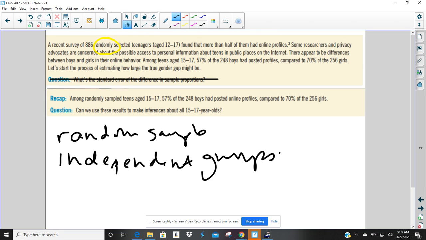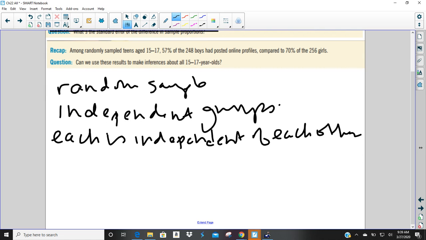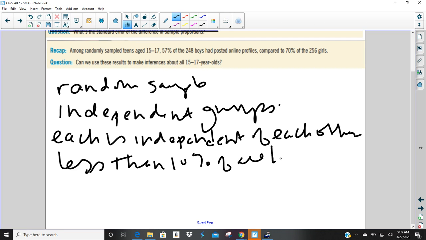Each person is independent of each other. And then finally, we need to do the NP and NQ. So, less than 10% of all boys and girls.